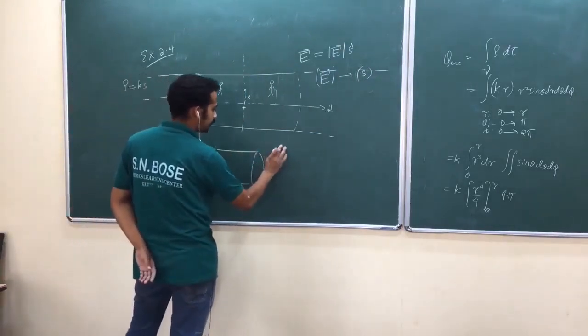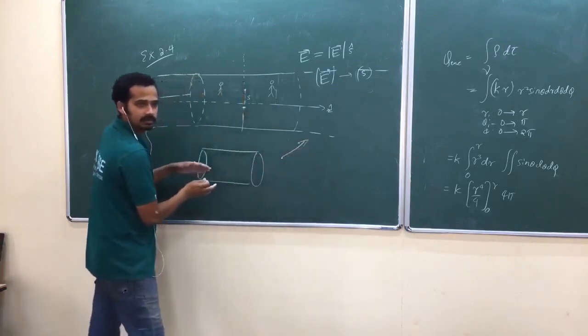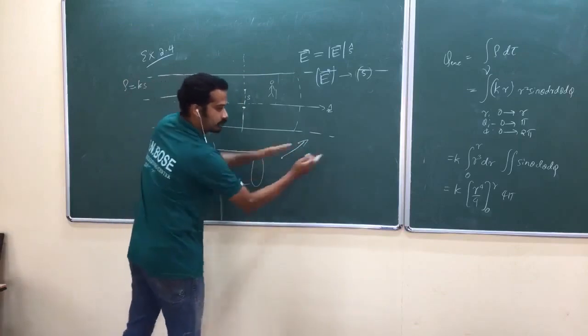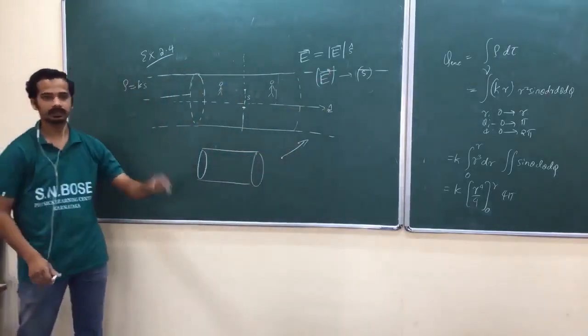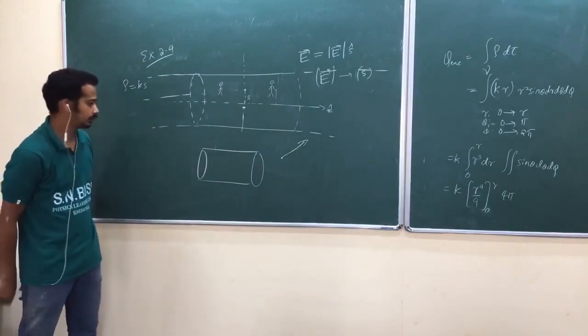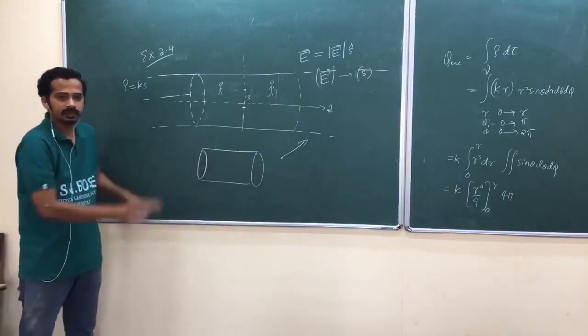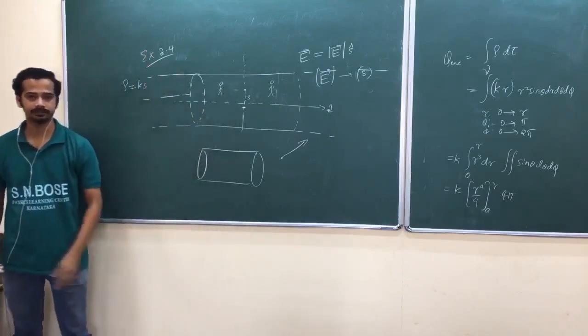Suppose you take any point here or any point here, then the electric field will be somewhere here, isn't it? You will get some electric field with horizontal and vertical components. For a finite cylinder, it's not cylindrical symmetry. That's correct. You are talking about the edge, am I right? Now, there is no edge here, it is infinitely long, so that question will not arise.